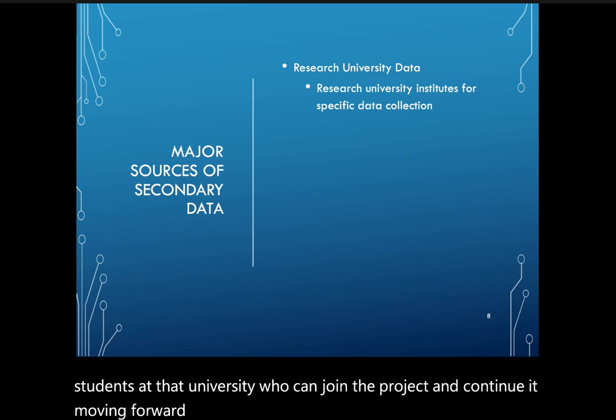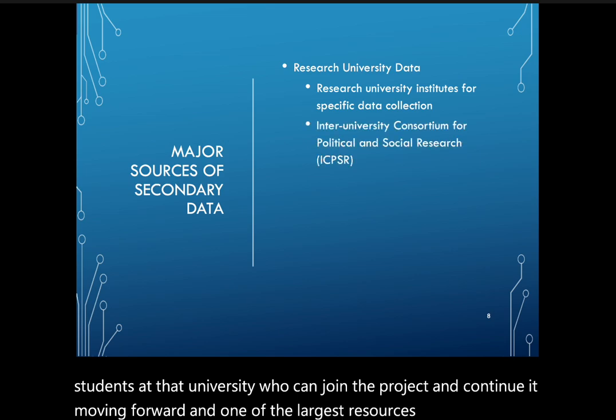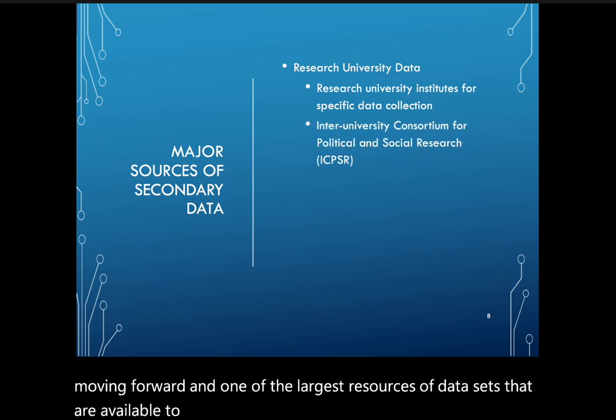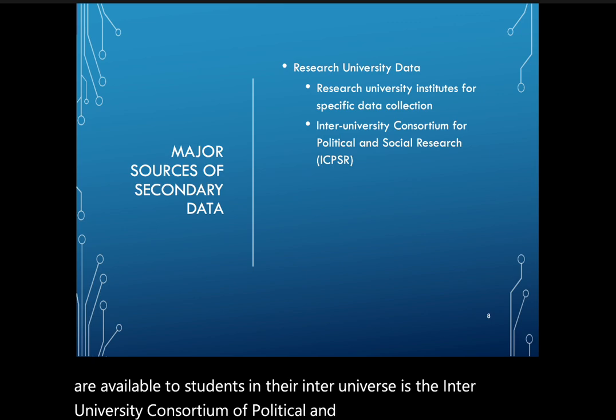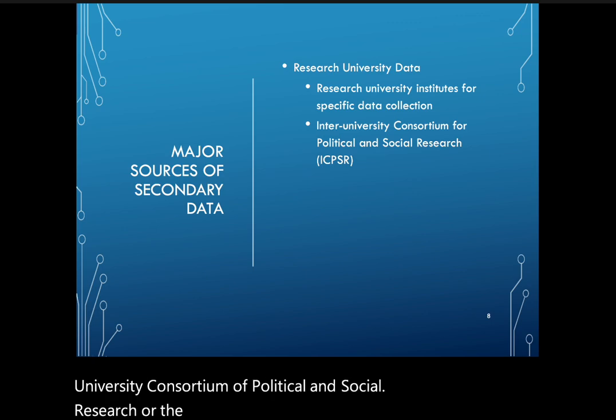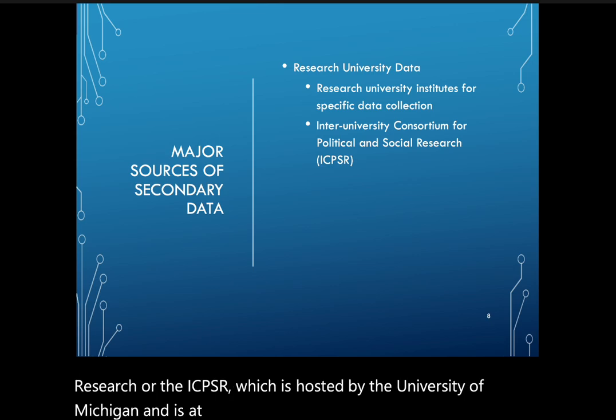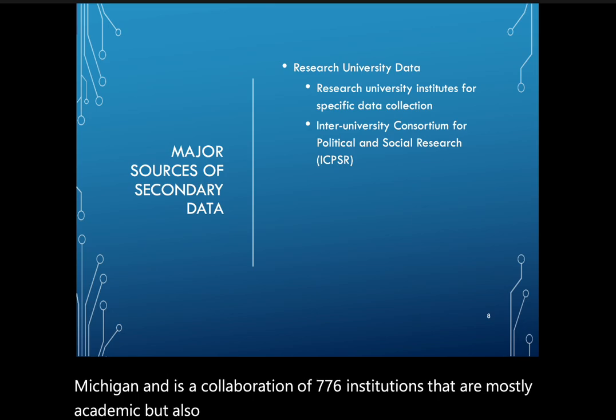And one of the largest resources of data sets that are available to students in their inter-university work is the Inter-University Consortium of Political and Social Research, or the ICPSR, which is hosted by the University of Michigan and is a collaboration of 776 institutions that are mostly academic but also government agencies and others.